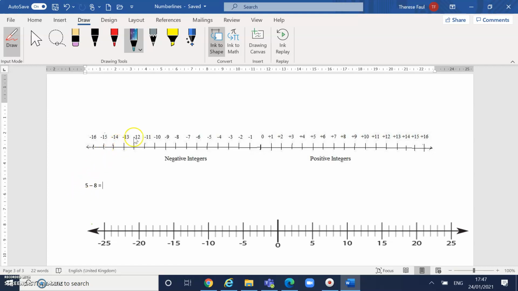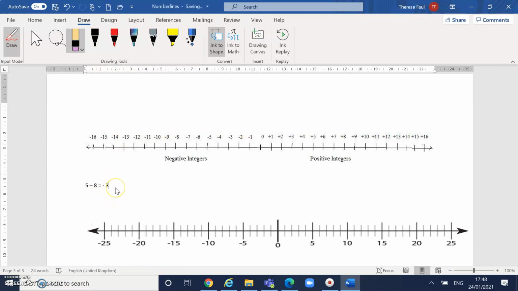You find that on the number line, so it's a positive 5, and you're taking away 8, so you're working your way back. 1, 2, 3, 4, 5, 6, 7, and 8. So I end up with minus 3, and it's really important to put in that minus sign, otherwise your answer would be wrong. It would be a positive 3.